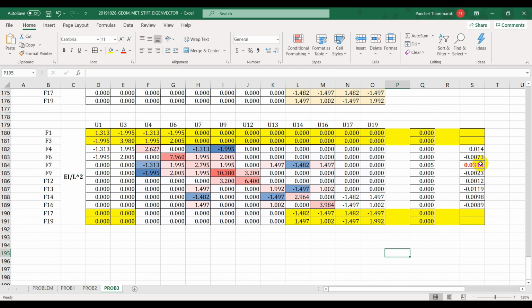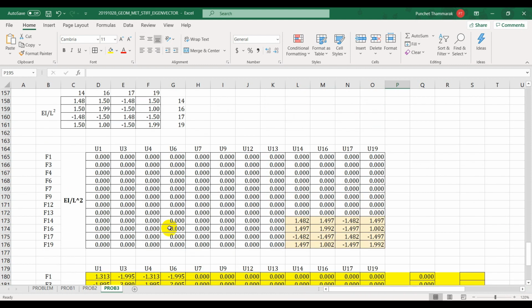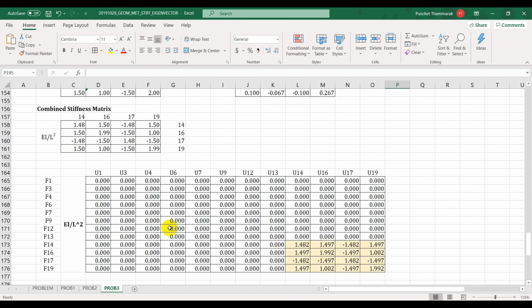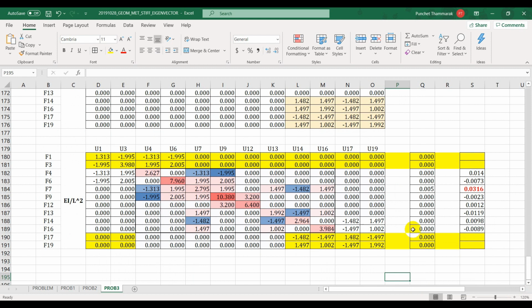And then actually if we want to check if this converges already or not, why do we need to check a little bit? Because once the structure deforms, this deformation causes the rotation of the beam, and with the rotation of the beam you will have the shear associated with it.